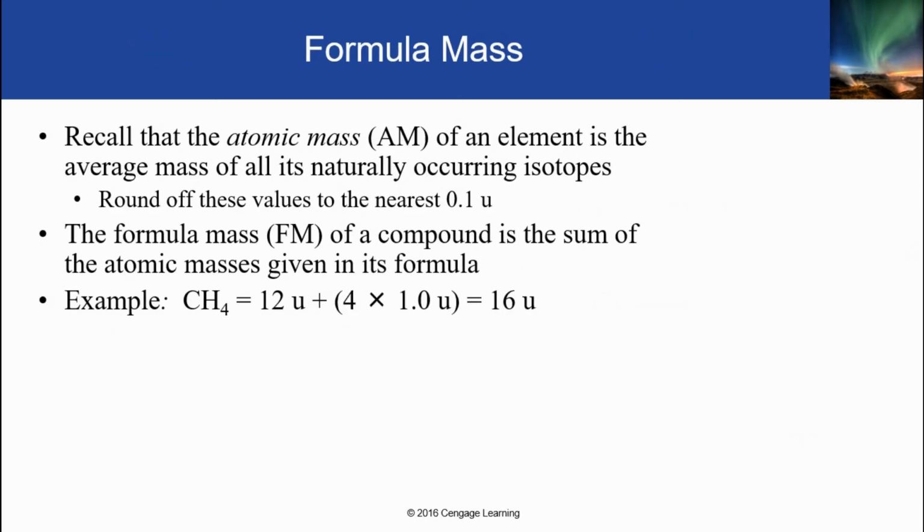Okay. So, we will be introduced with a concept called formula mass. So, ano yung formula mass? Ito yung kung gaano kabigat ang isang molecules. Dati, nakikita natin sa periodic table, we have a symbol, and then we have the number of protons or atomic number at the top, and then the atomic mass at the bottom.